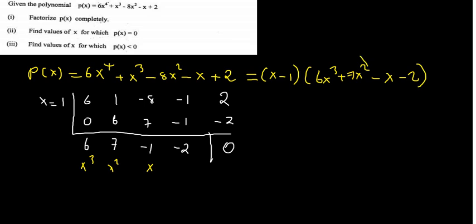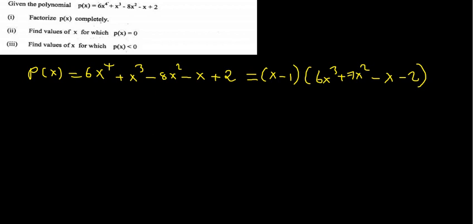And then we also have to use trial and error to factorize this one because it's also a polynomial. We look for a number that is going to give us 0 for this part. Let me try 1. 6 plus 7 is 13, minus 1 minus 2, it will not give us 0. Let me try negative 1. Negative 1 to the power 3 is negative 1 times 6, that will be negative 6.